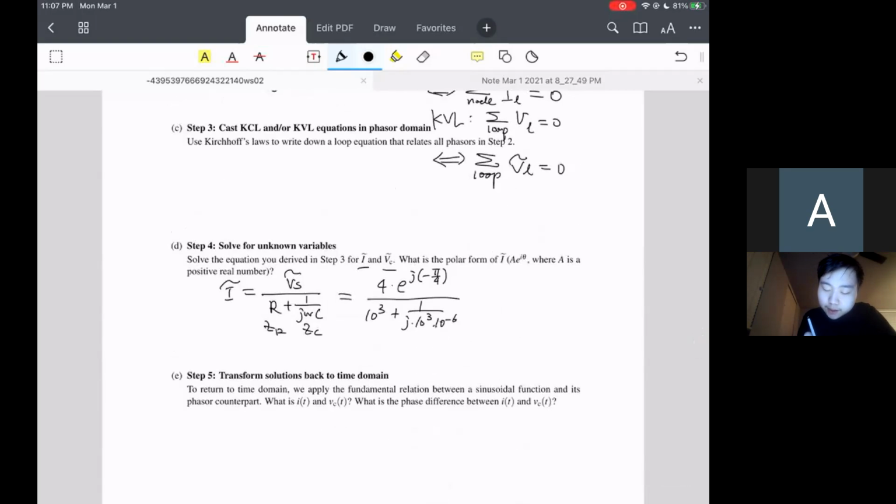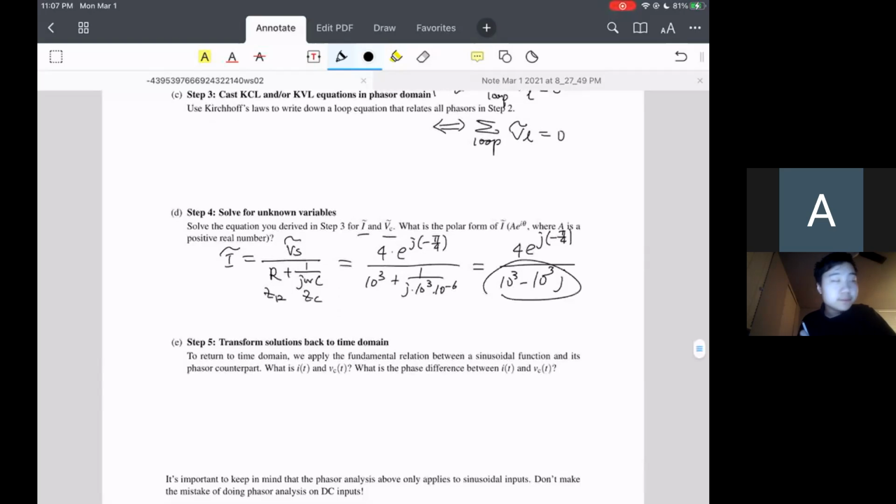And so we see that this is equal to 10 to the third minus 10 to the third j. Whereas on top, we see that this is equal to 4e to the j times negative pi over 4.